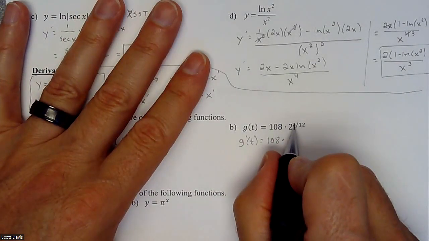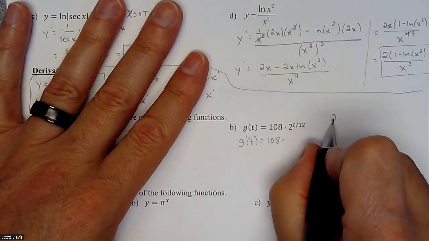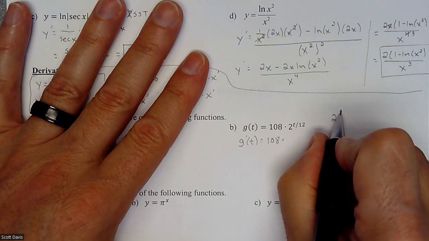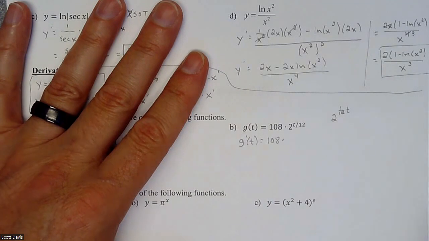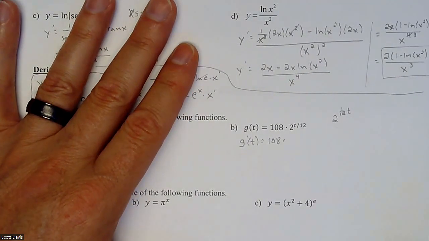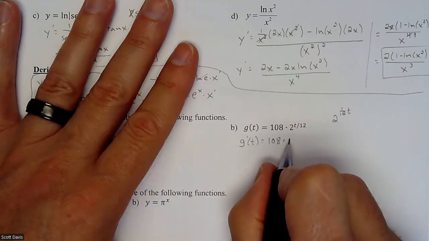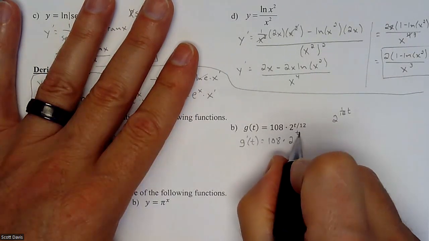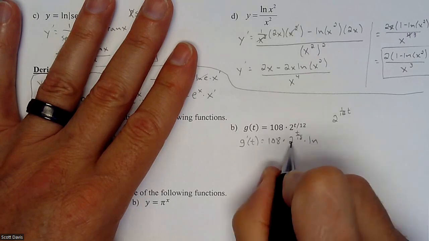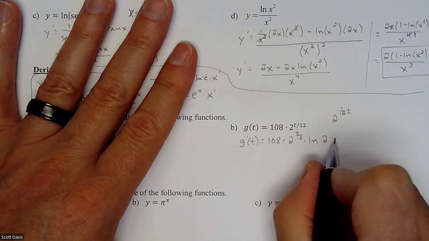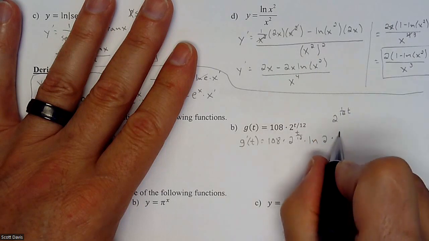It helps to know that this is a 2 to the 1 over 12 t, if it helps to write it out that way. When you do the derivative, it's going to be itself, 2 to the t over 12, times the natural log of the base times the derivative, which is just 1/12.